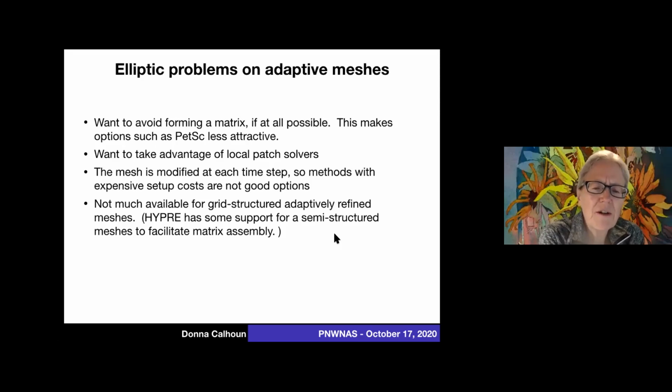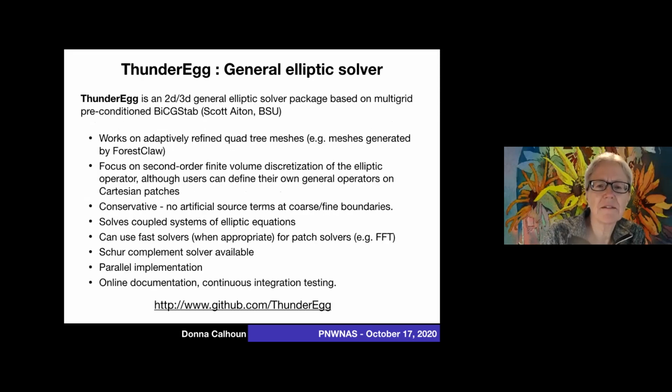We started to go down that path, but really realized at some point that we were going to have to write our own solver. And so that's what Scott Aiton has been busy with for the last several years, working with us on this code, ThunderEgg, which is now to the point where I think we can call it a general elliptic solver.